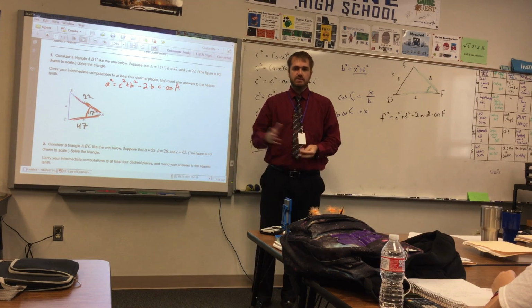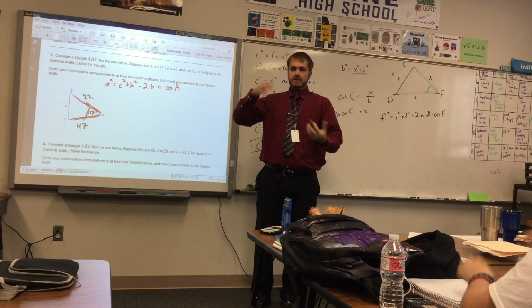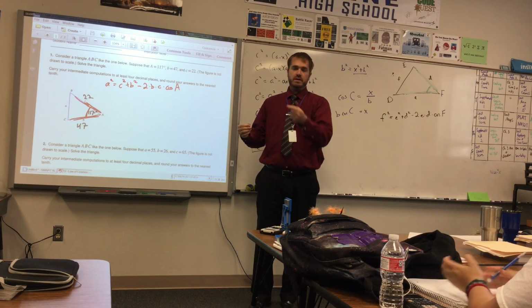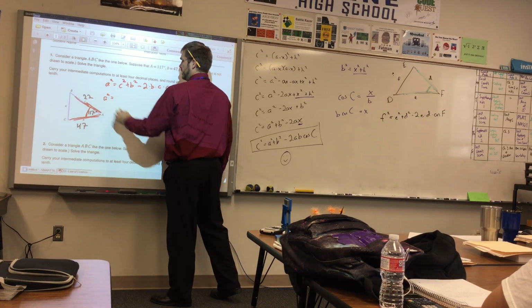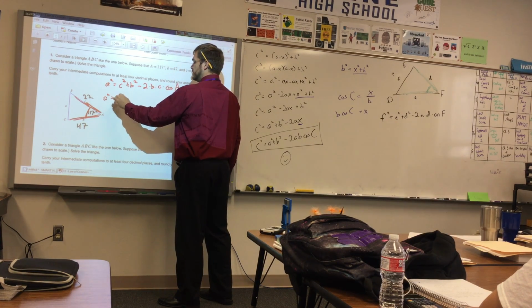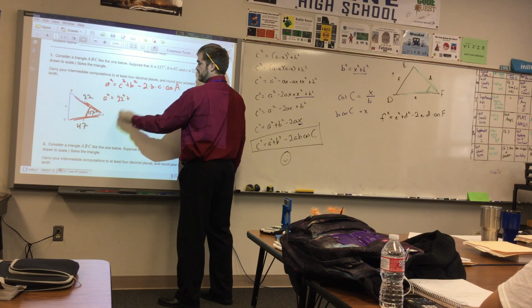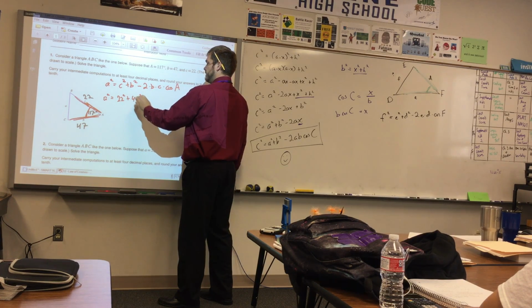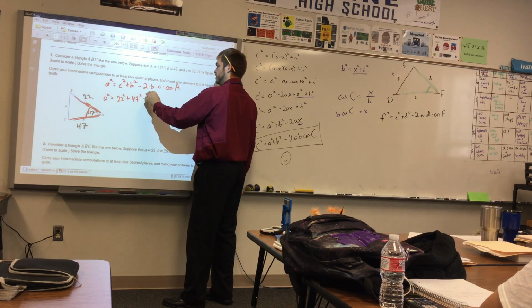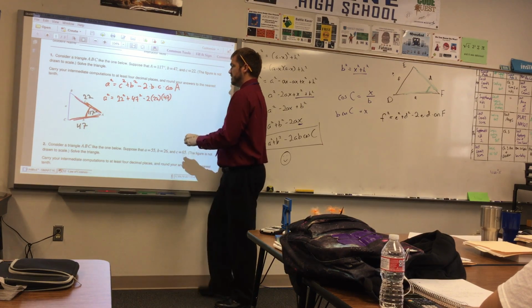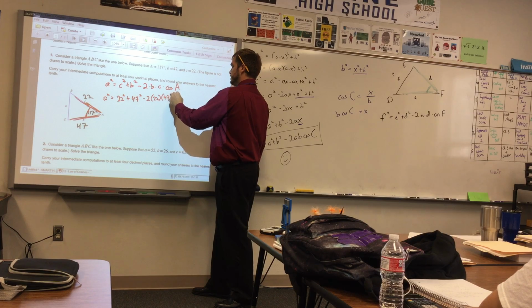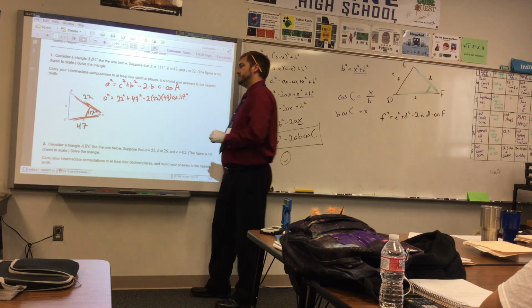That's applying the pre-calculus knowledge. Now you just apply algebra knowledge of how to plug in numbers. So A squared equals 22 squared plus 47 squared minus 2 times 22 times 47 times the cosine of 117.